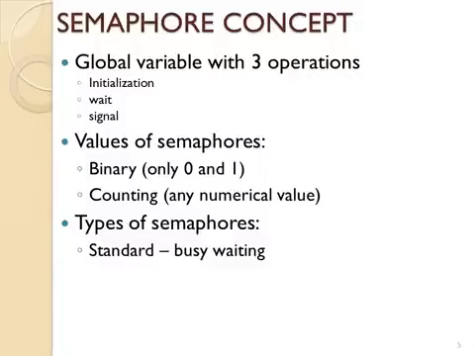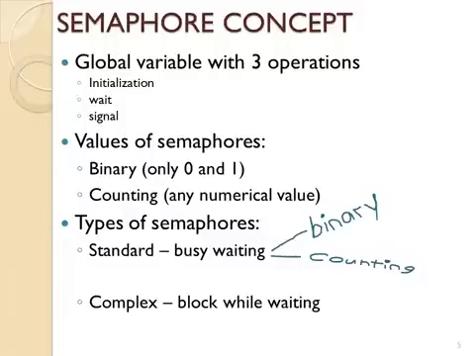The types of semaphores: you can have a standard semaphore like the first one I showed you, where the wait just does no operation if it's less than or equal to 0, and decrements if it is greater than 0. And that's a binary semaphore. Or a standard semaphore could also be a counting semaphore. And then the second example we looked at, where the process would block while waiting, is called a complex semaphore.